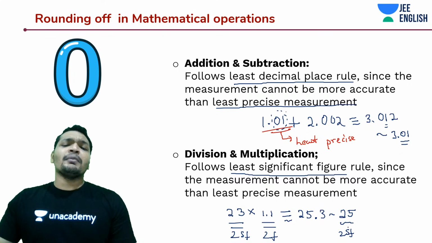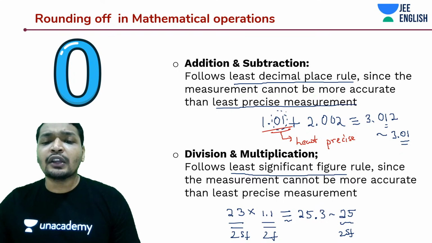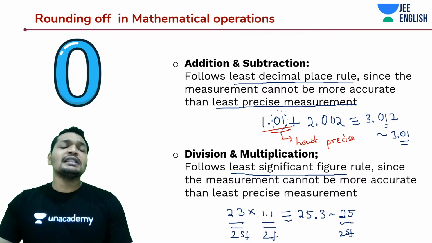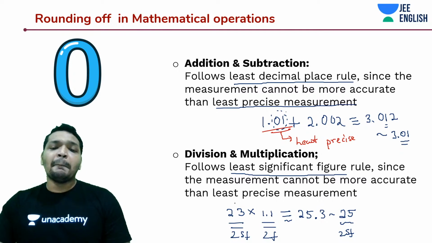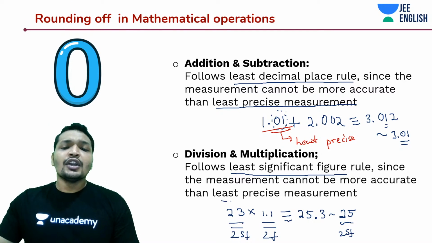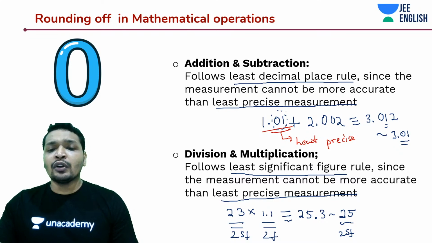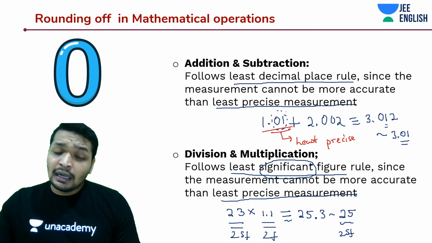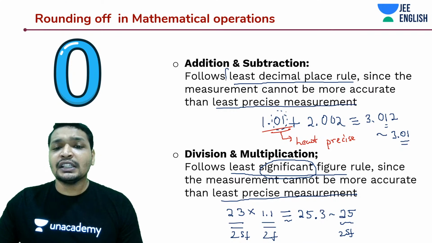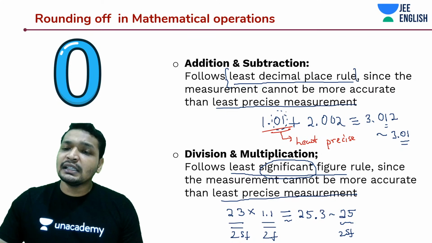Why? Because your measurement cannot be more accurate than the least precise measurement. In terms of multiplication and division, you are worried about the significant figures, whereas when you're doing addition or subtraction, you are worried about the least decimal place.